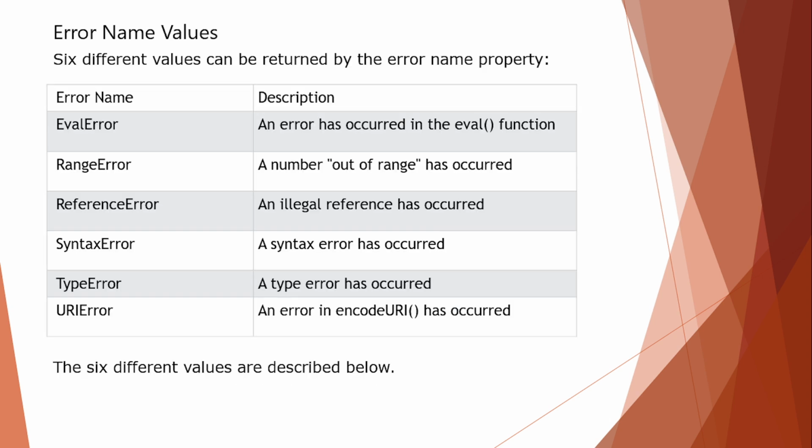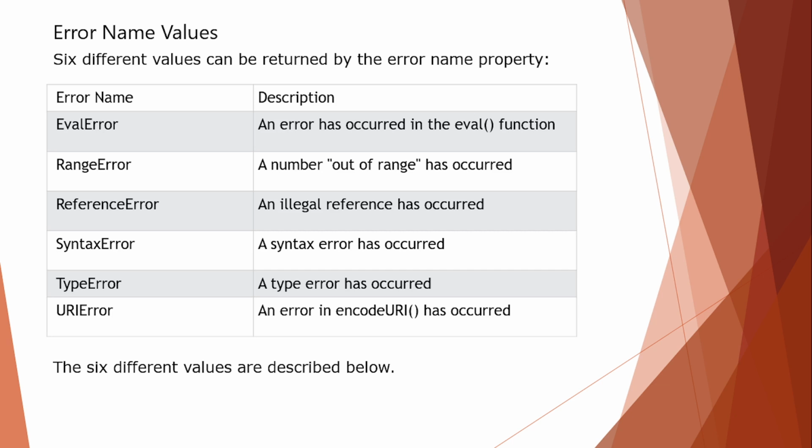Error name values: six different values can be returned by the error name property. Error name, like EvalError: an error has occurred in the eval function. RangeError: a number out of range has occurred.